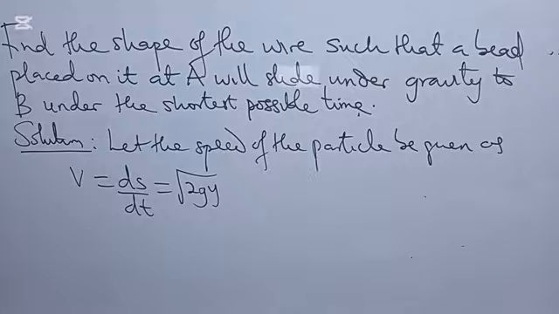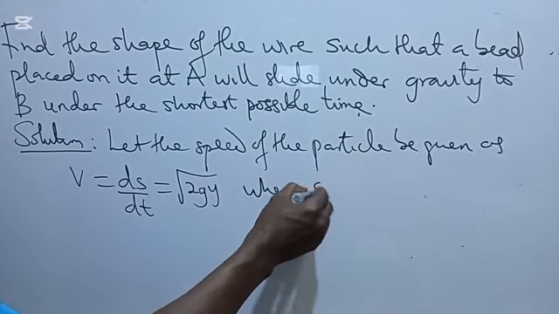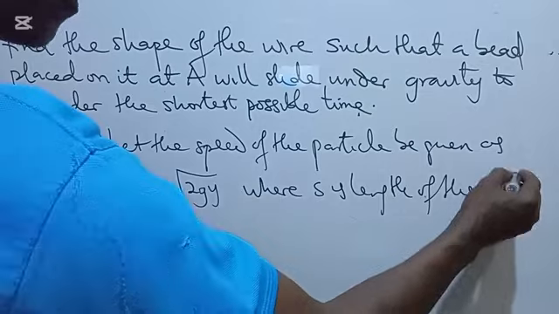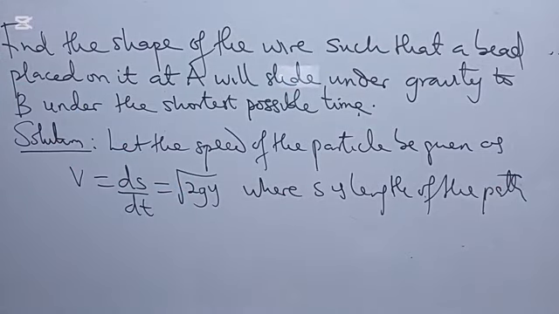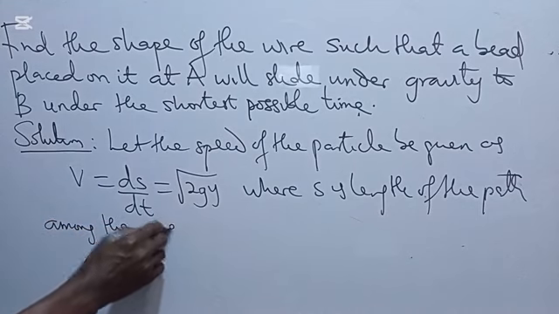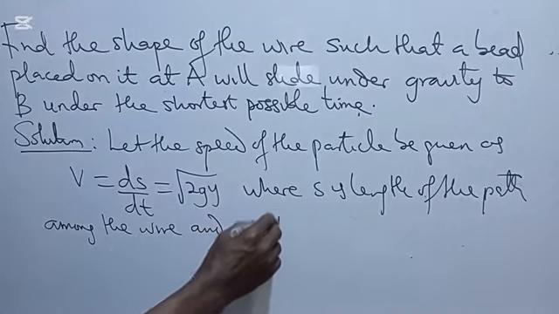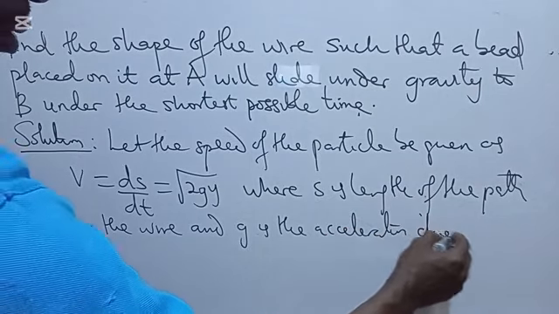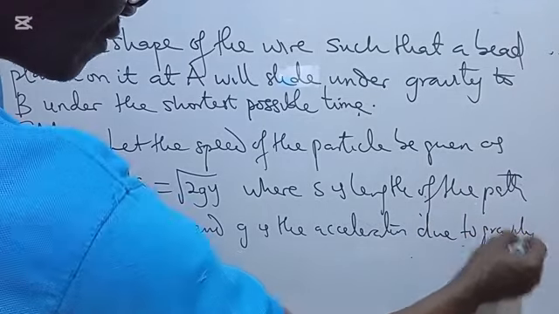We have assumed that the speed of the particle should be root 2g y, where s is the length of the path along the wire, and g is the acceleration due to gravity. I hope you are following.